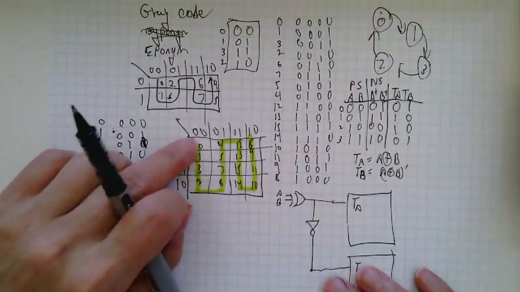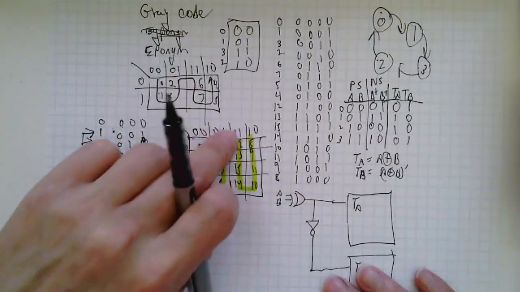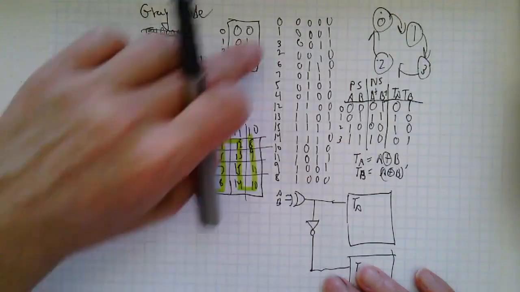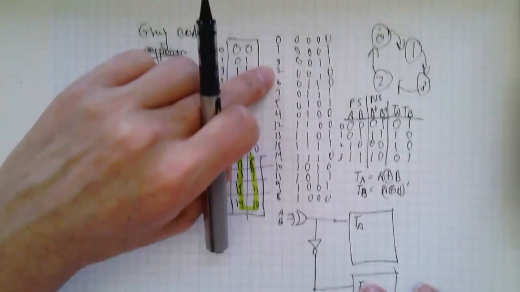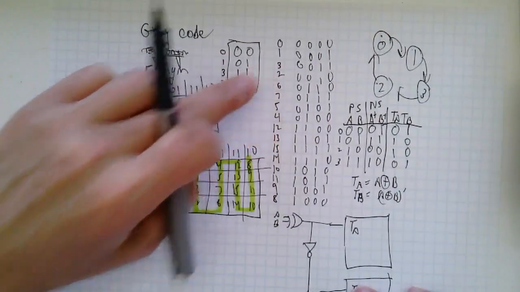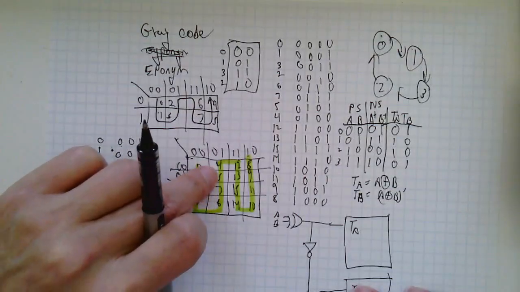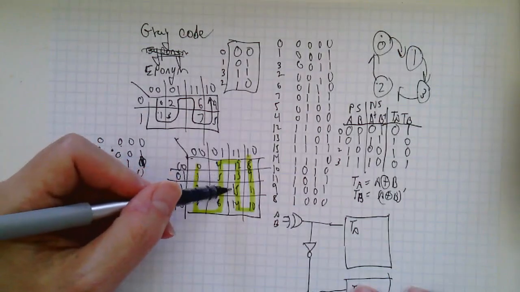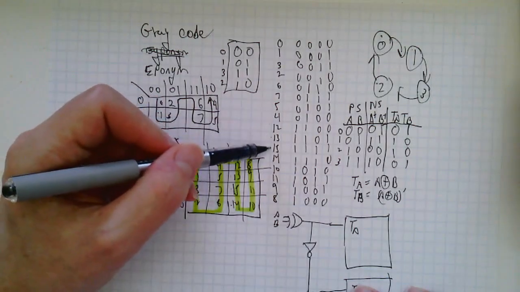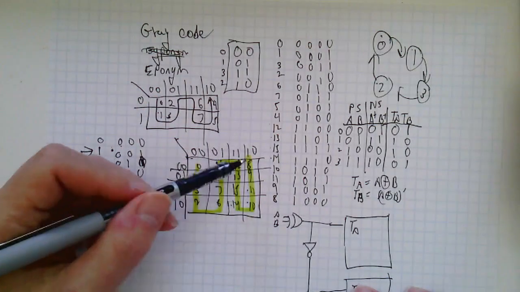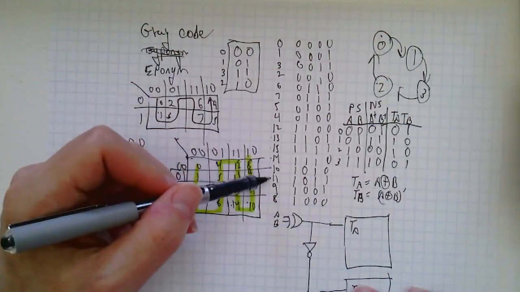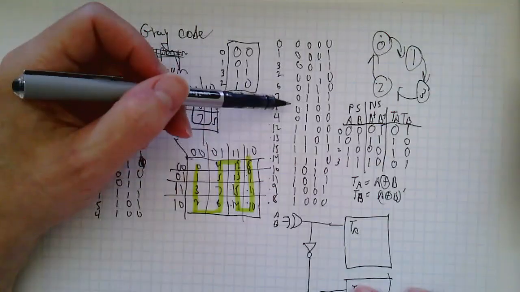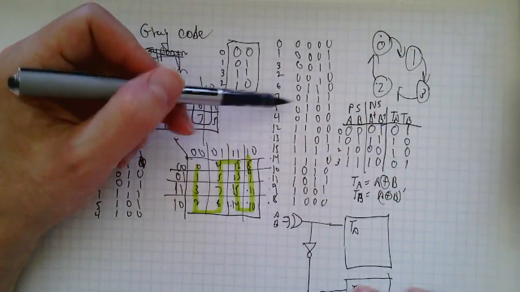Just wind your way through 0, 1, 3, 2, 6, 7, 5, 4, 12, 13, 15, 14, 10, 11, 9, 8. Write it in binary, and lo and behold, there's only one bit that changes as you go from one row to the next.